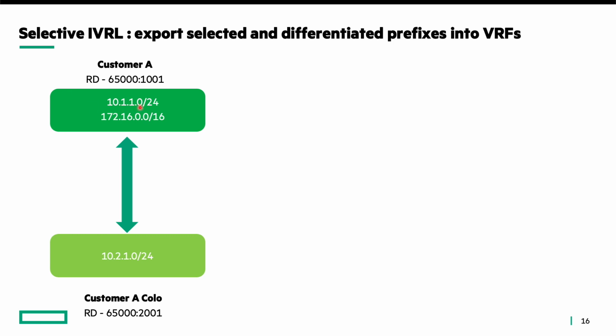That's why I represented dark green and light green for the co-location with different RDs. So here we need to exchange all the routes, as if it's one single network under the same administrative control. We want to exchange all the routes depicted here.